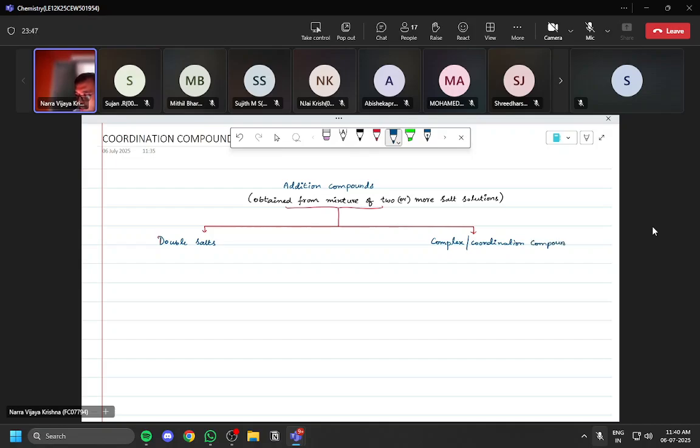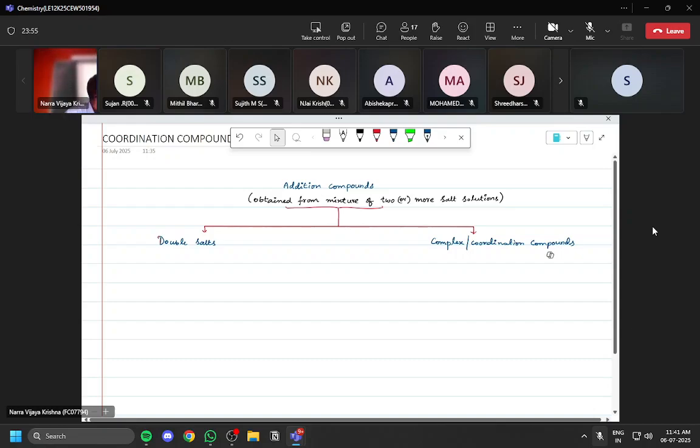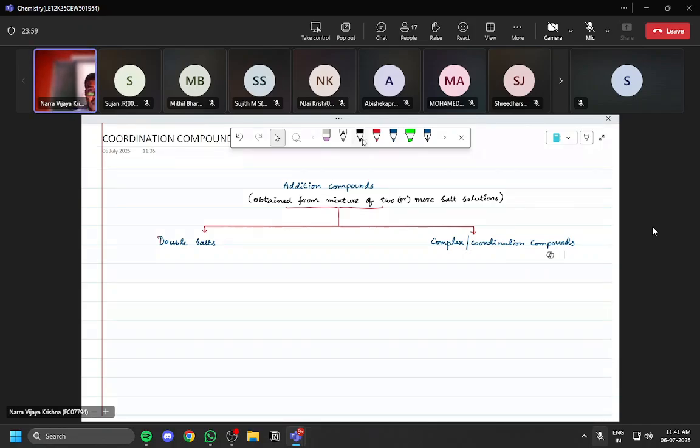How to differentiate them? Both are obtained from the addition of two salt solutions, from the same mixture of salt solutions. So how to differentiate them? If I dissolve these double salts in water again, or in a particular solvent again, they furnish ions similar to the individual salt solutions.